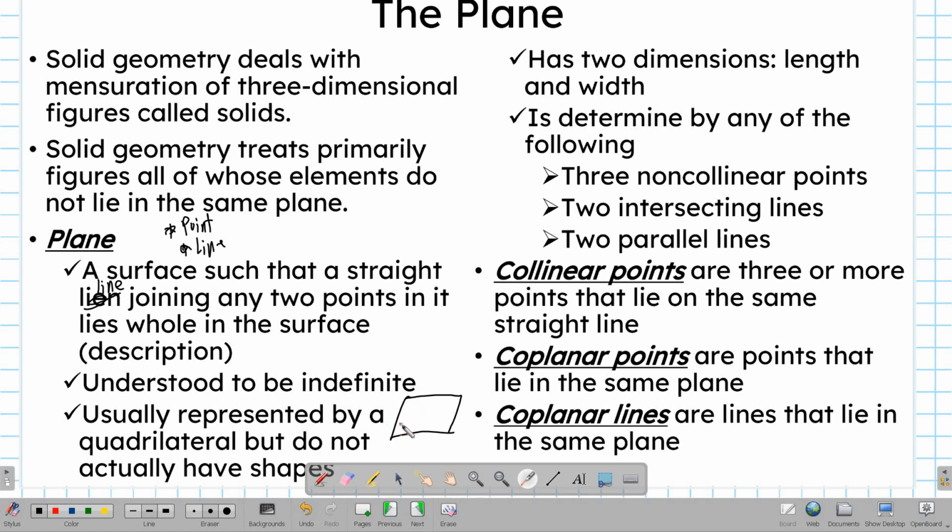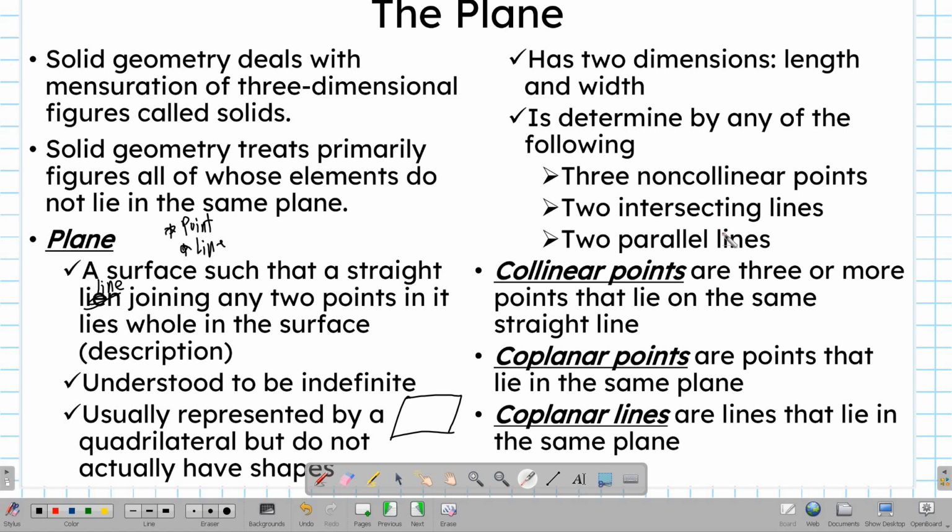One reason why we represent it by a quadrilateral or a four-sided polygon is because it shows that it has two dimensions, length and width. So you have your length and width. And the plane is usually determined by either three non-collinear points, two intersecting lines, or two parallel lines.